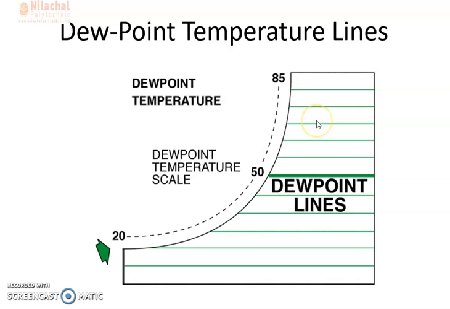Let's start another point, dew point temperature. The dew point temperature lines are horizontal lines, parallel to each other and non-uniformly spaced. At any point on the saturation curve, the dry bulb temperature and the dew point temperature are equal, and the value of dew point temperature is generally given along the saturation curve of this chart.